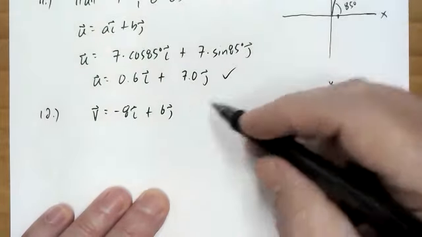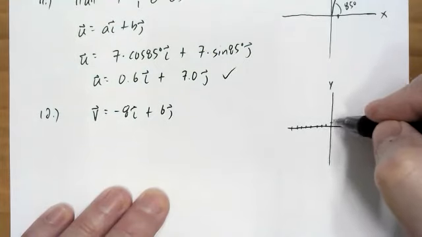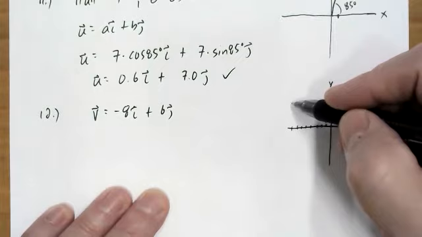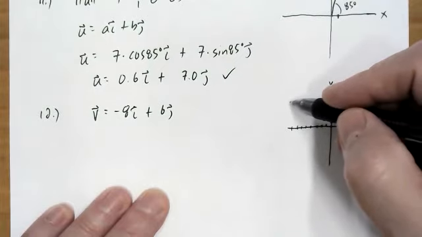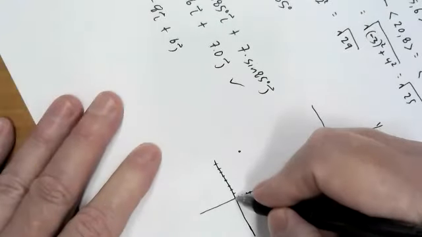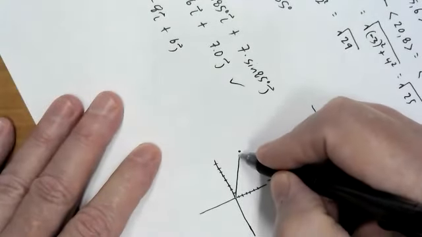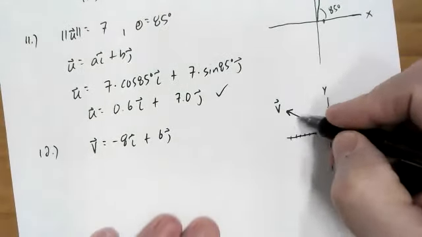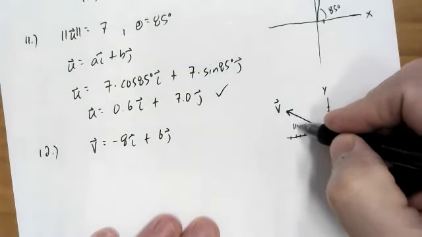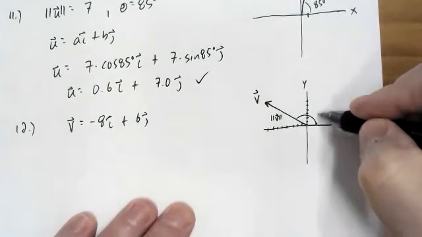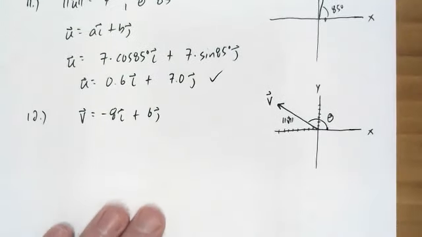And 6j means 6 in the y direction. 1, 2, 3, 4, 5, 6. So negative 8, 6 is about right here. So if this is vector v, this distance here is going to be the magnitude of vector v, and then this is going to be my angle.